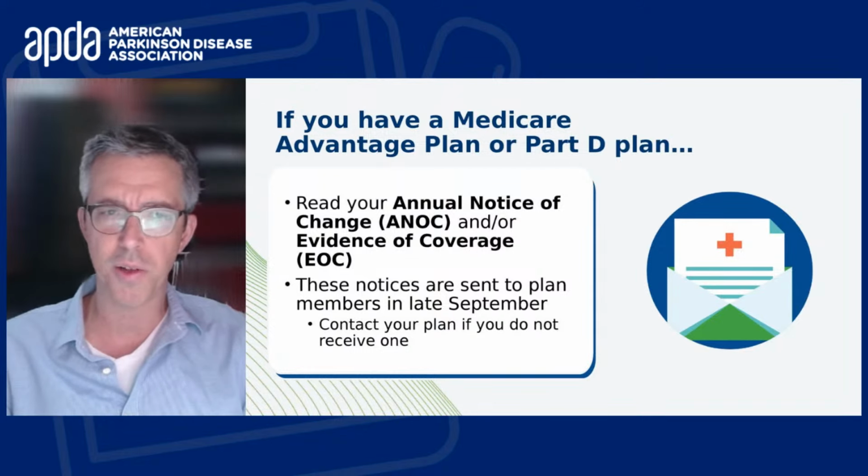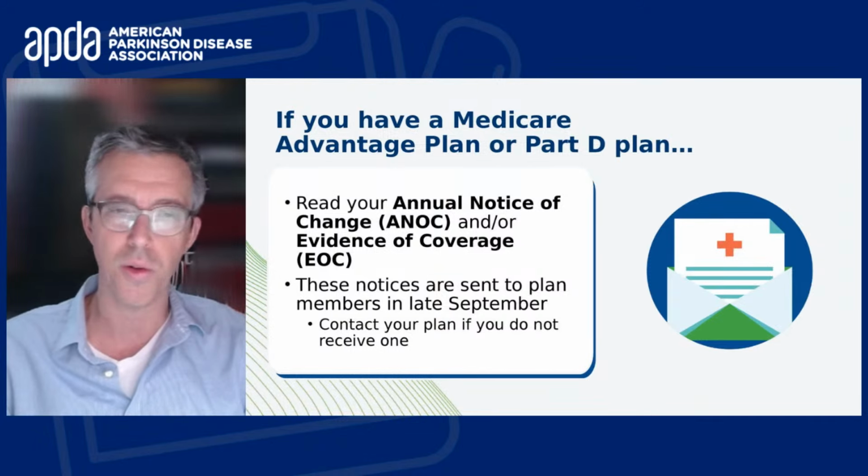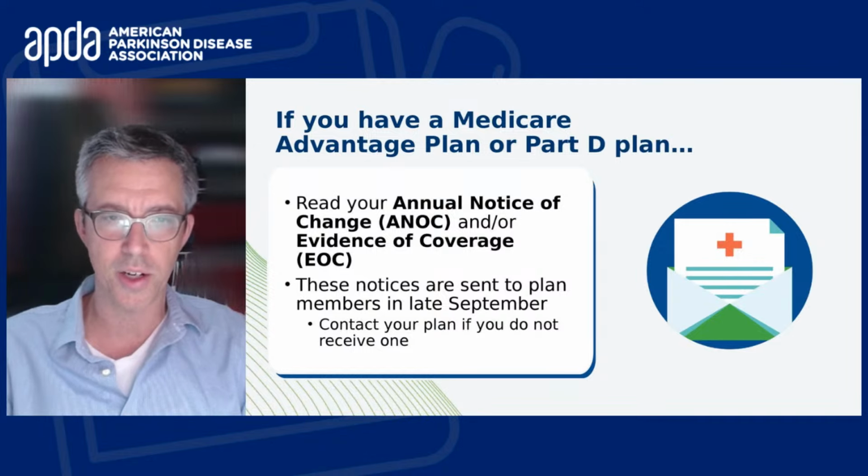And your plan has to follow that. That's its guidebook. Those are the rule books to the plan, and the plan must follow that document. So it's a very good idea to become familiar with that and to search it for relevant information in case there's any miscommunication or misinformation coming from your plan.